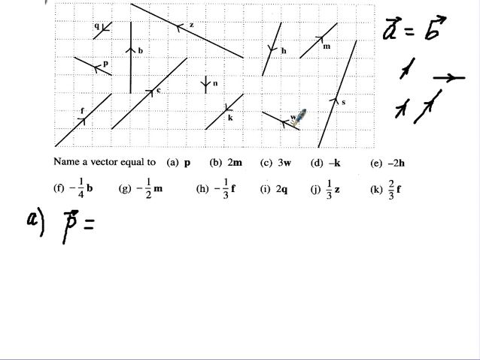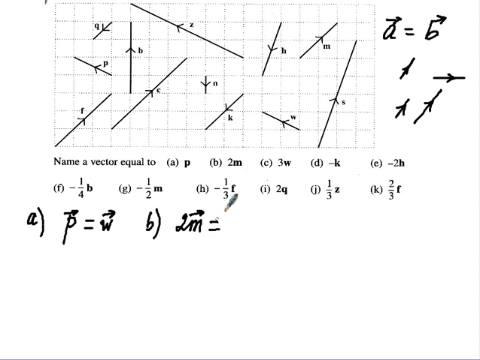So here it is, the vector W. The vector W would be the same as my vector P, because this vector has the same length and the same direction.